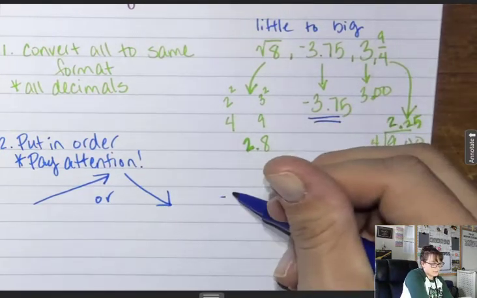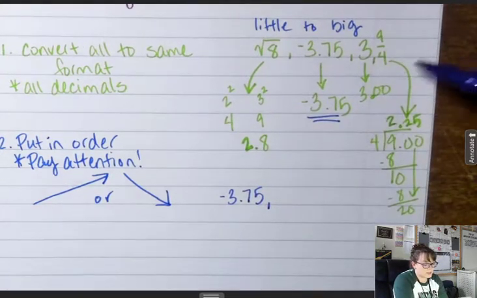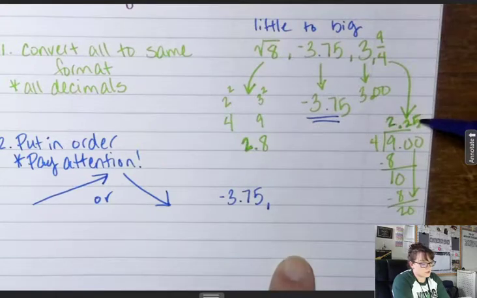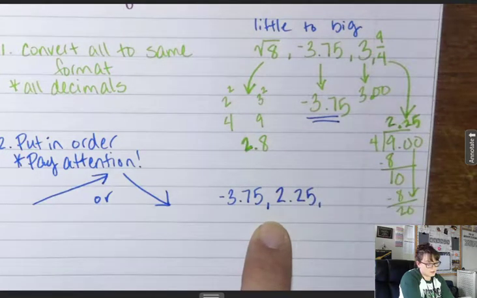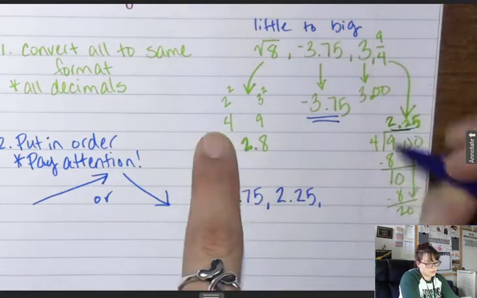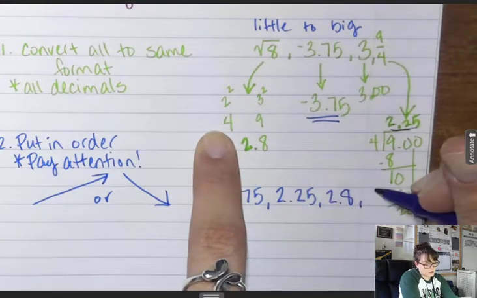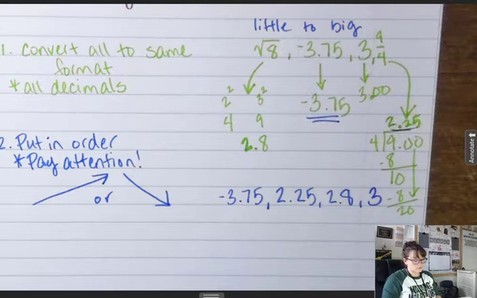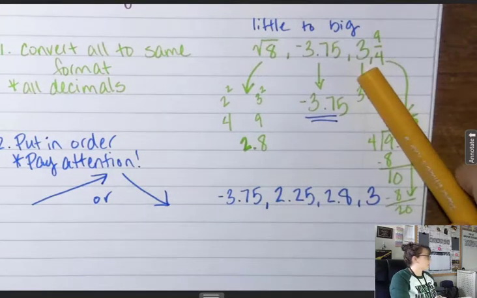Which one would come next? 2.25. And then 2.8. And then 3. It's just 3.